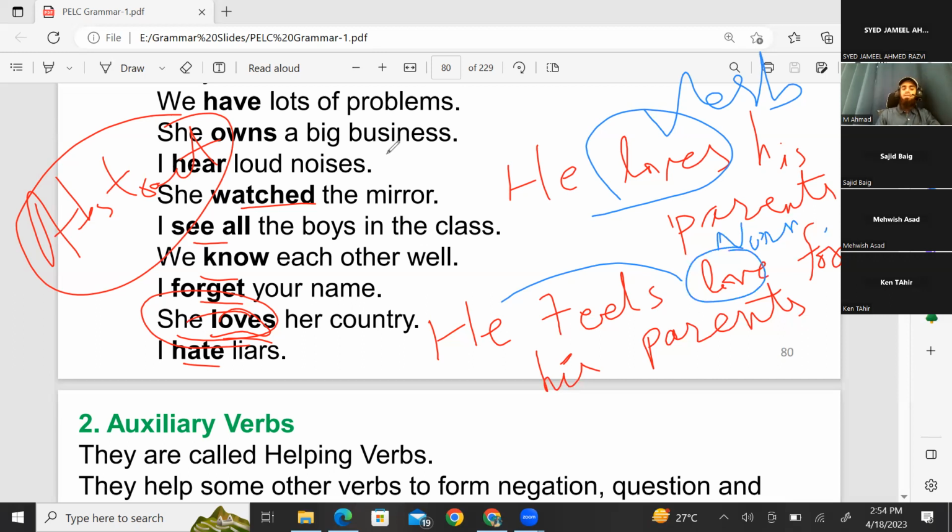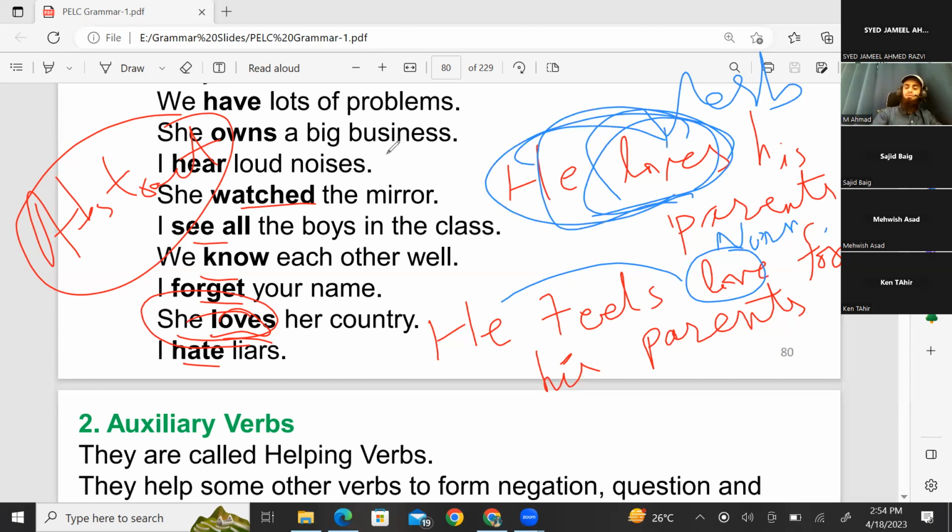Look, guys, I always focus on the definition of a word and the parts of speech, like what the word is performing right now. And here it is performing an action, he loves, or a state, right? Now a state or action comes in the definition of a verb. After the subject, we use a verb, right? He loves.